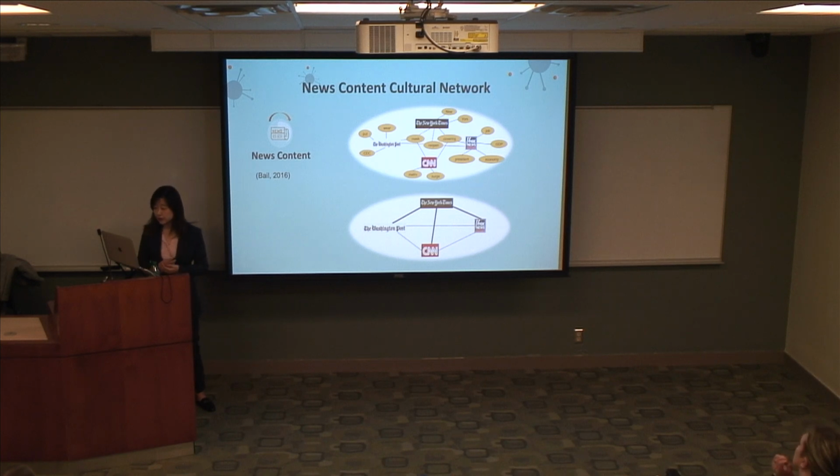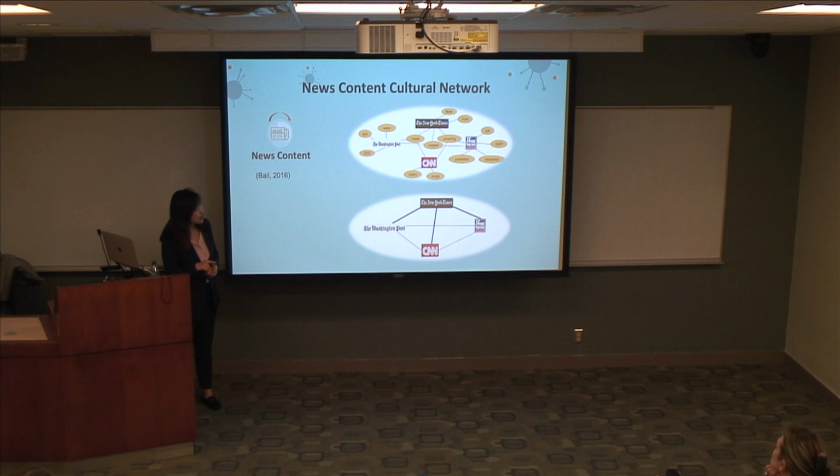In this hypothetical example, CNN and Fox News have one common word, which is covering. CNN and New York Times have two common words, which are mask and covering. So the text similarity between CNN and New York Times is higher than the text similarity between CNN and Fox News.